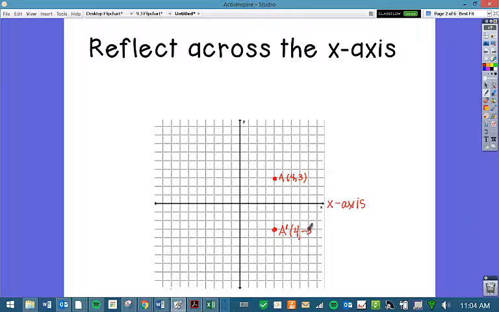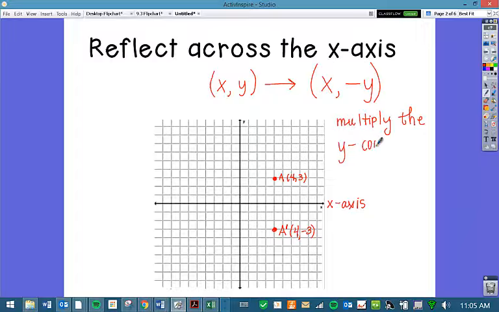I'm going to multiply the y-coordinate by -1. So if it's positive, it becomes negative. Negative, it becomes positive. I want you to try this one on your own.